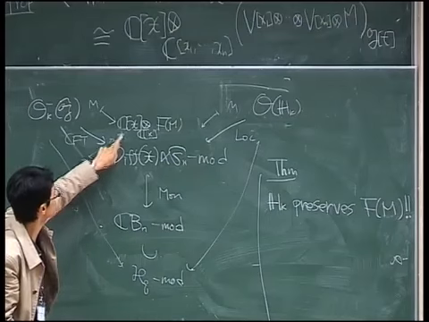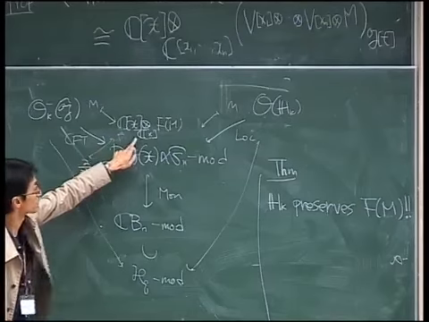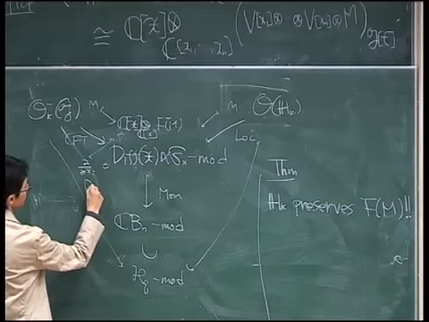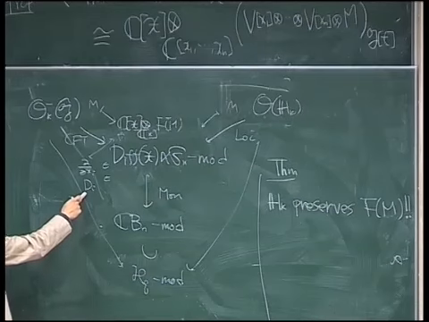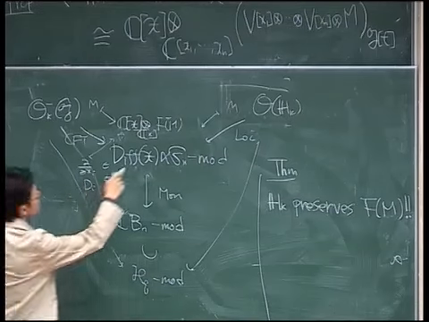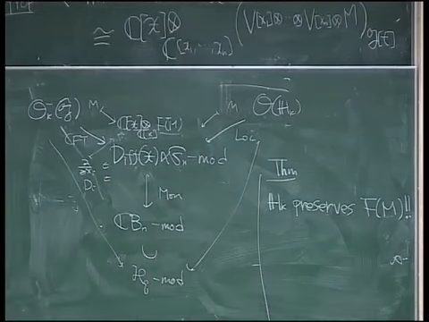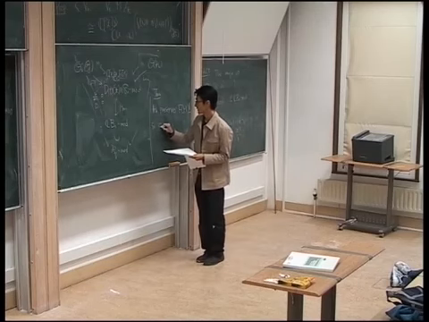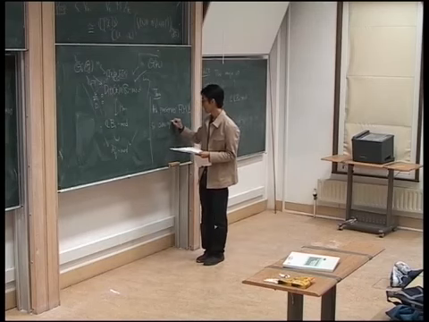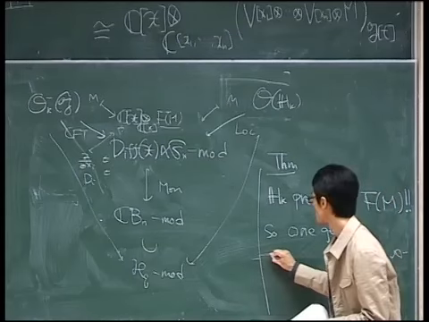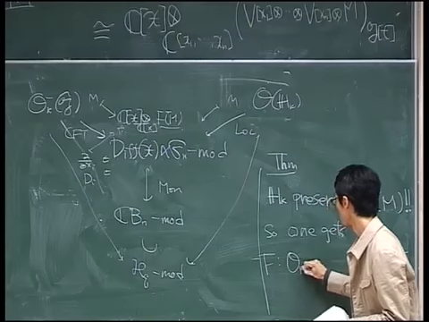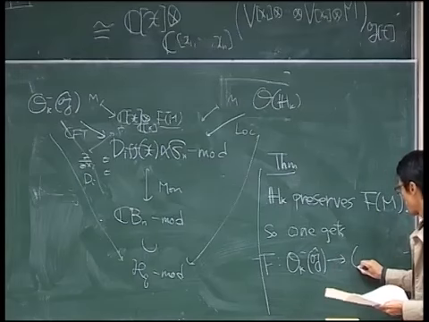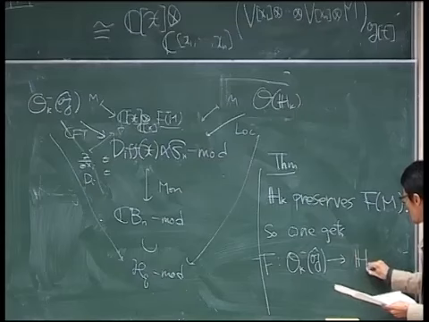It acts only after localization, but there is an element, the Dunkl operators, d_i, that preserves F M. So one gets the functor, a priori an H kappa module.